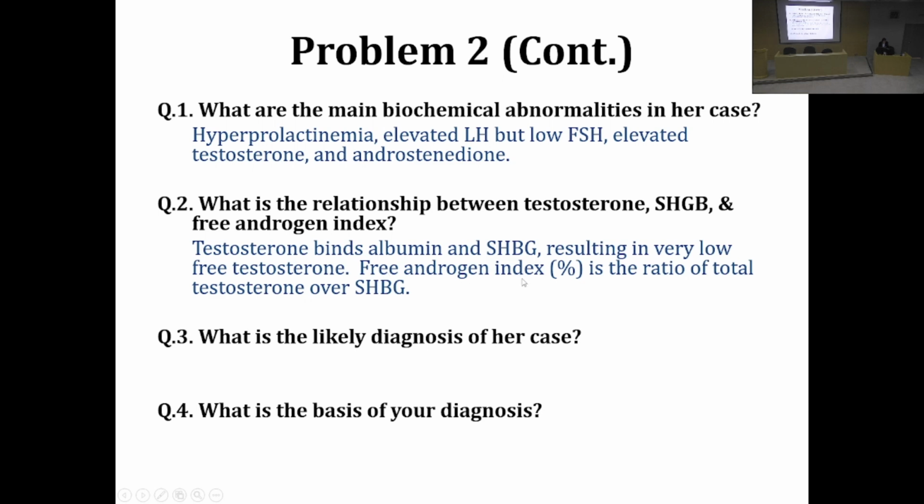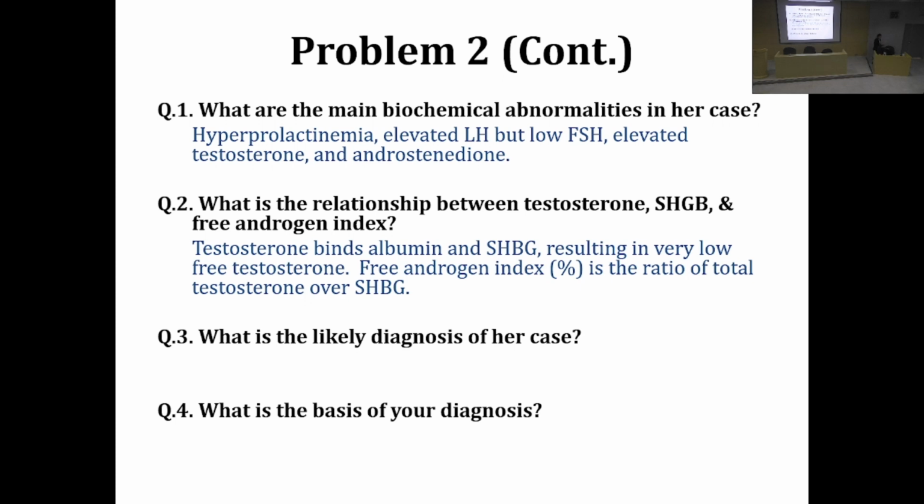So the free androgen index is the ratio of total over the levels of sex hormone binding globulin. If the total, the bound form, is high, you will differentiate between this condition and having a lot of free and active sex hormone, or androgens, circulating in the blood.